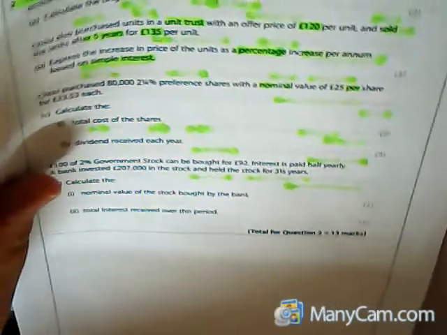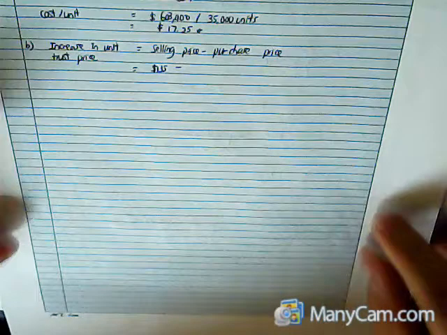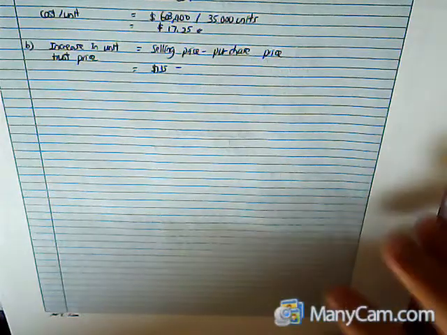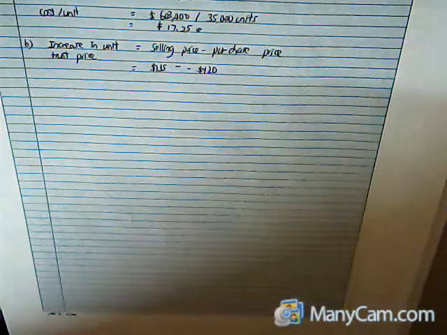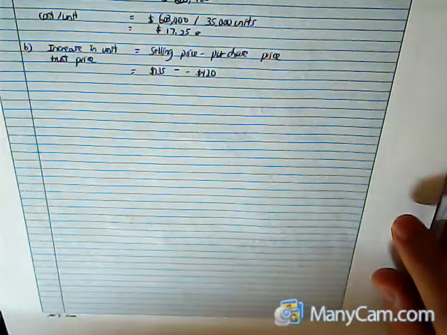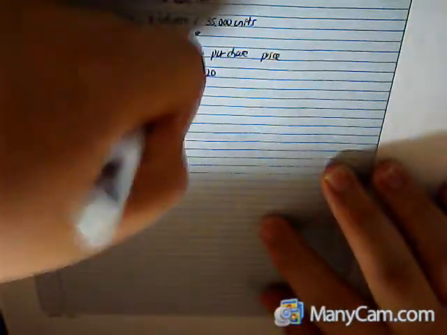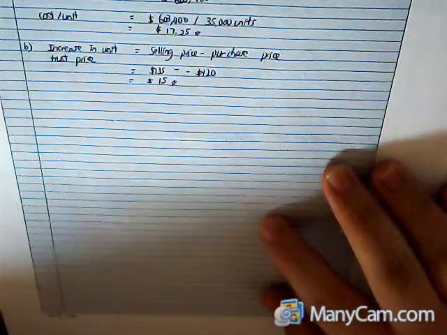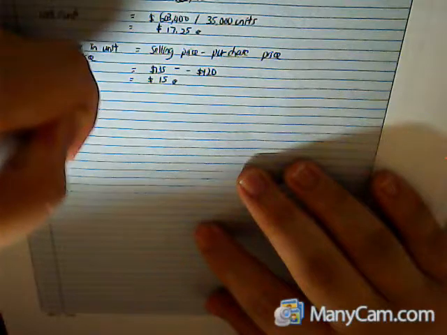We can see 135, right? So 135 is our selling price. Yes or no? Okay. Now 135 is the selling price, 120 is our purchase price. So we are getting 15 per unit. Yes or no? But now you want to get the increased percentage per annum, right?